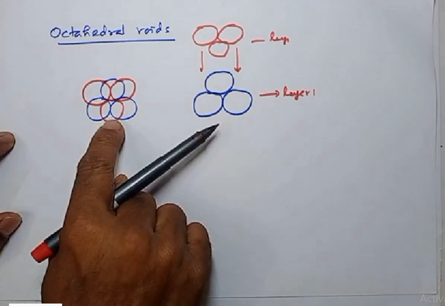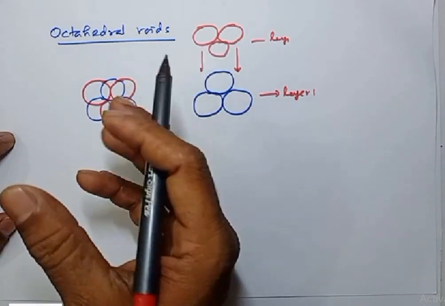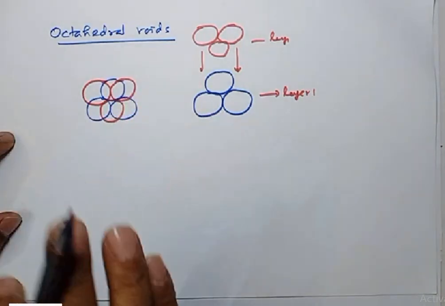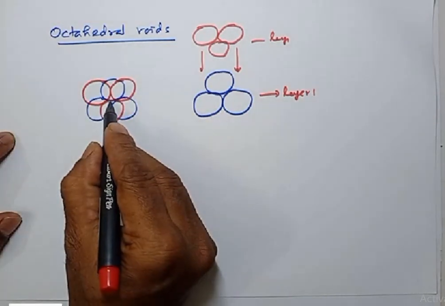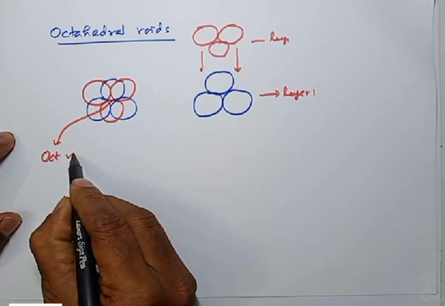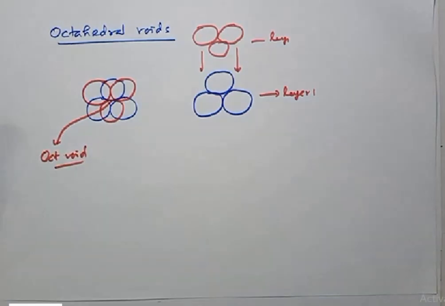By this appearance, you may not view that shape effectively, but you will get an octahedron. And the gap present at the center is called the octahedral void. Take note.